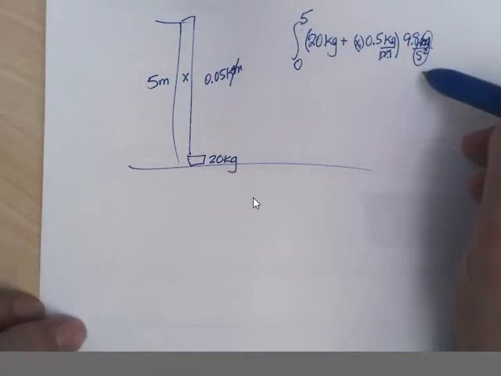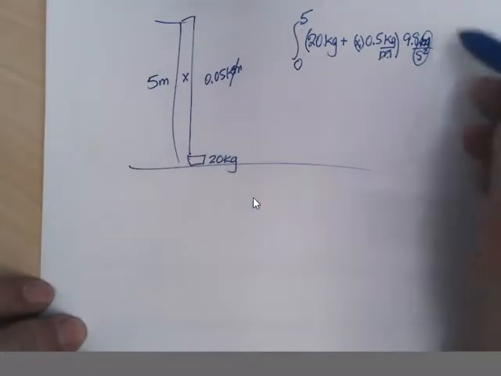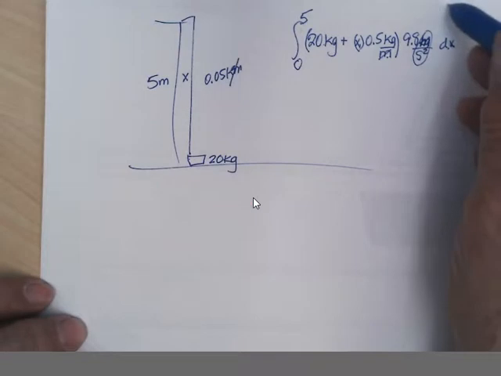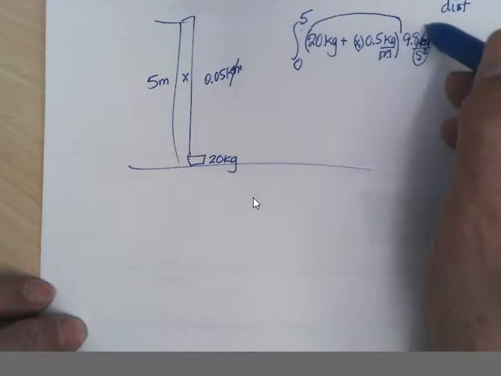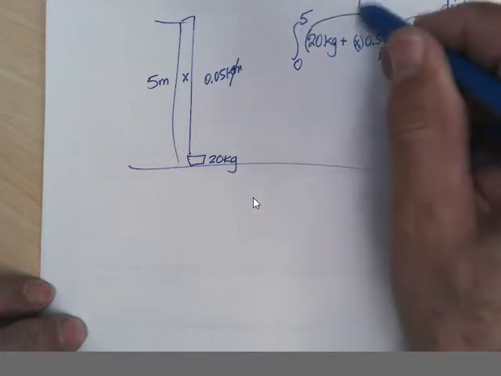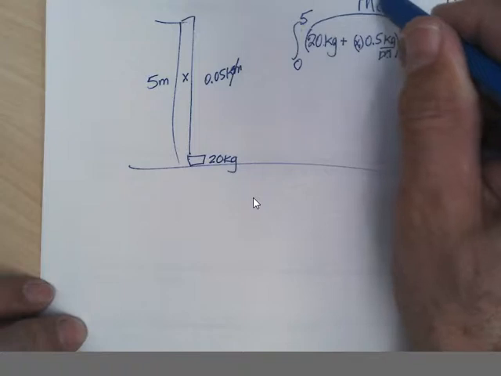That would be the force times the distance. Well, we're going to move it up a distance of dx, and then we'll keep adding the distance dx. So this is going to be the distance, and this will be mass times acceleration, which is a force.